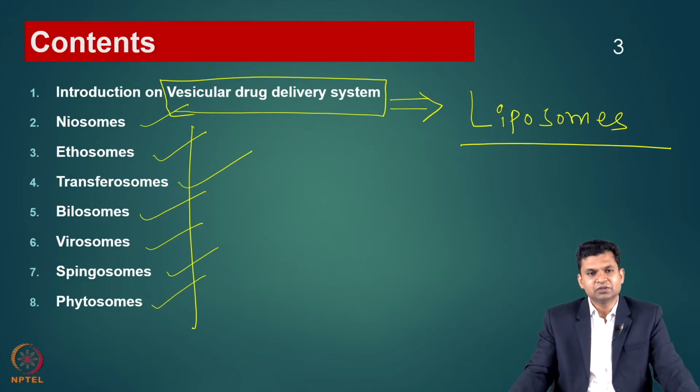In that we will see what are the components associated with the various vesicular systems, and then we will see how it works, what is the mechanism, what are the functions of these vesicular drug delivery systems, and then we will see how it is effective in drug delivery.